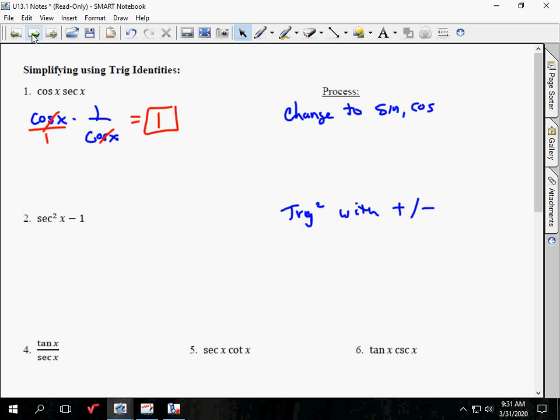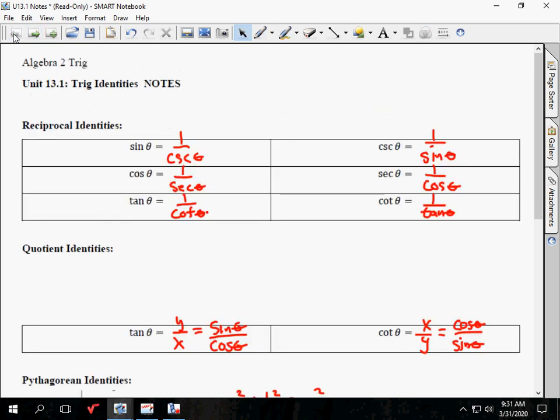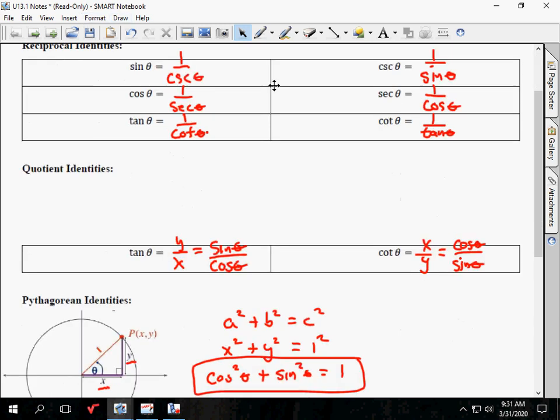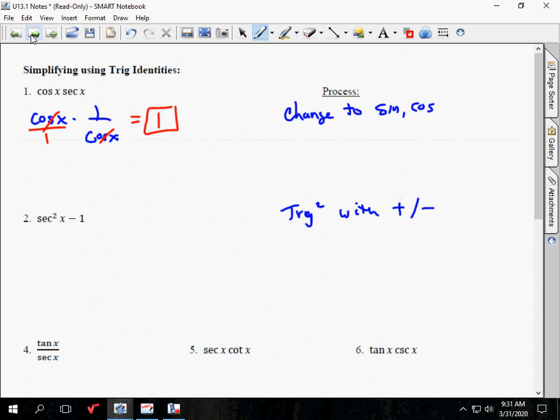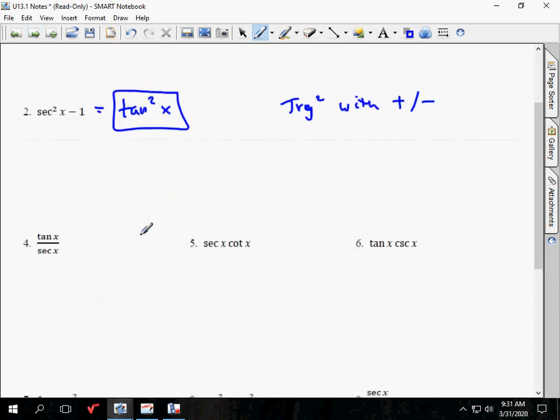If we look back, here it is right here. Secant squared x minus 1 is the same as tangent squared. So that's what that is, just tangent squared.